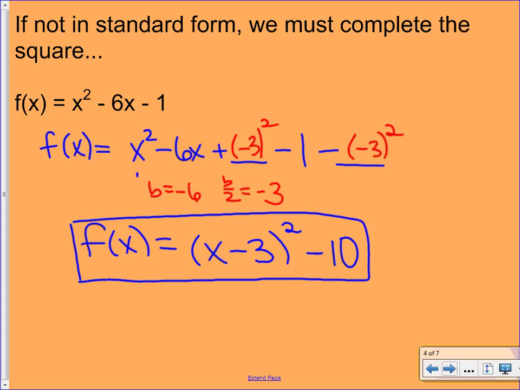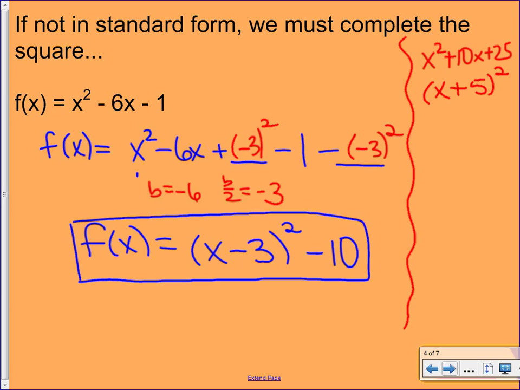Okay, so if we look at our trinomial, let's look at a different one, like x squared plus 10x plus 25, right? And this factors to x plus 5 quantity squared, right?